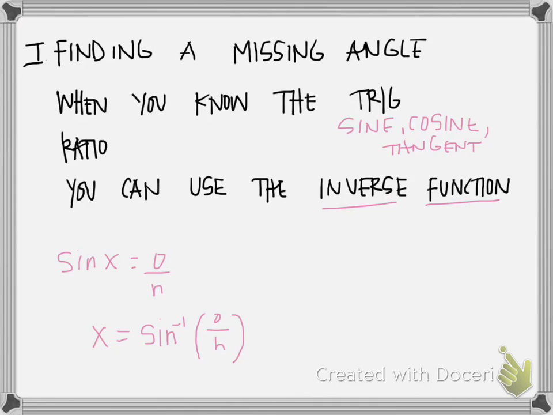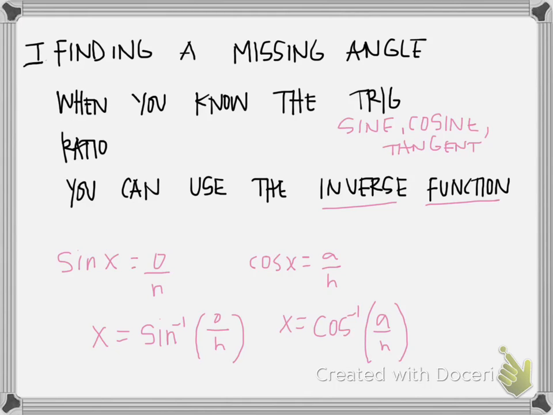Remember, cosine is adjacent over your hypotenuse. So for this one, I can take the inverse of my cosine of the ratio.